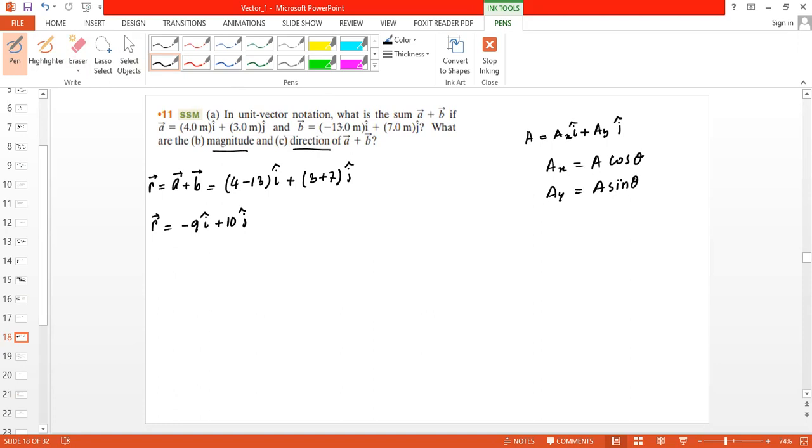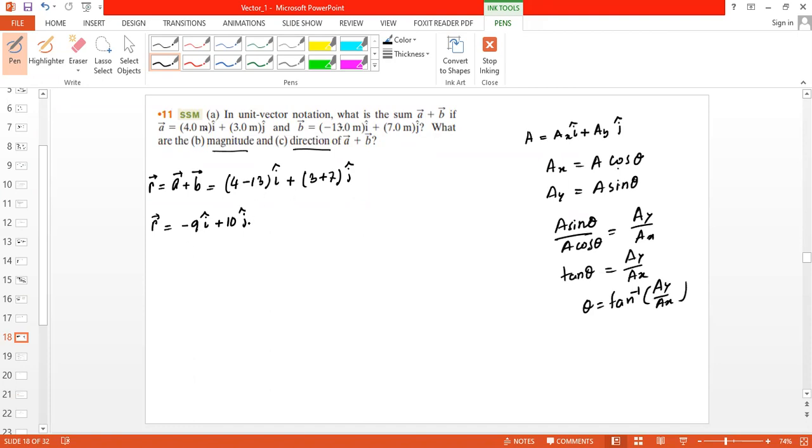So if I divide this by that, a sin theta over a cos theta equals ay over ax. That means tan theta equal to ay over ax, or theta equal to tan inverse ay over ax.